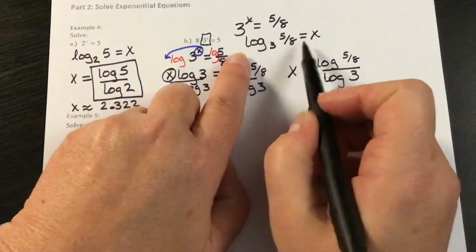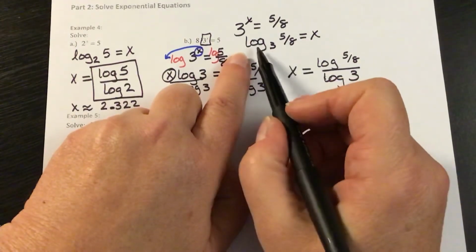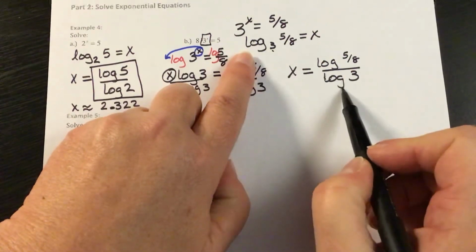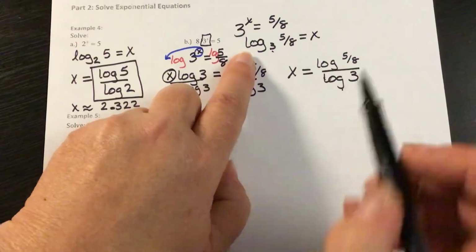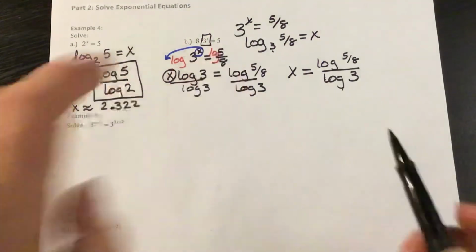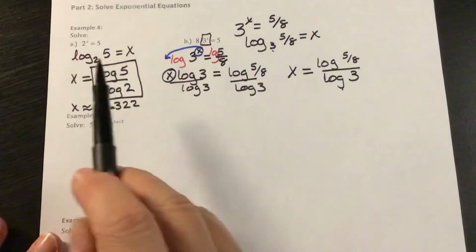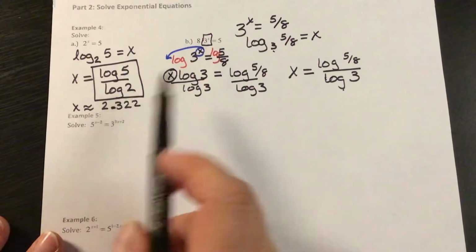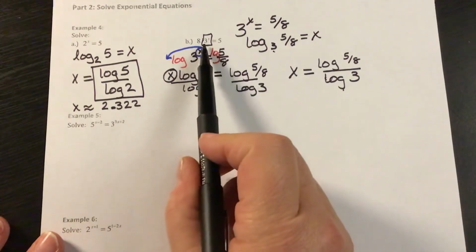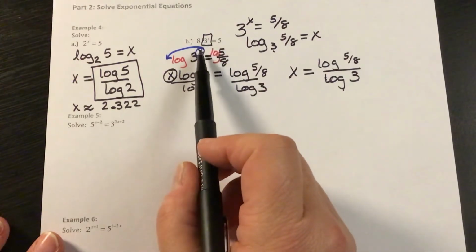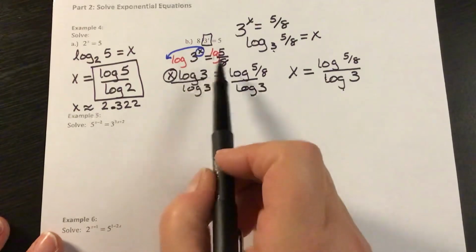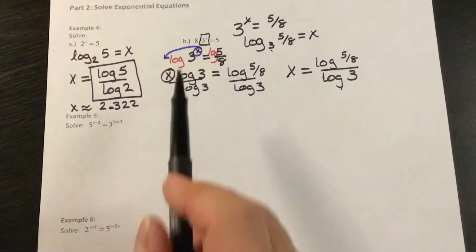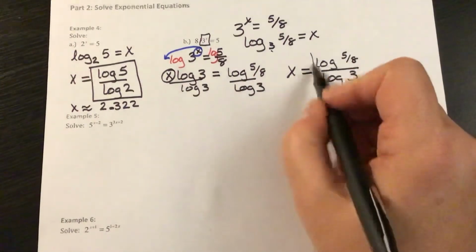To find the value of this, I would have to do log of 5/8 divided by log of the base, which is log 3. And this is the same thing. So we can write it as a logarithm and then do the change of base, or after we have the base and the exponent by itself, I can just do the log of both sides by using the property of equality, and I'll end up with the same thing.